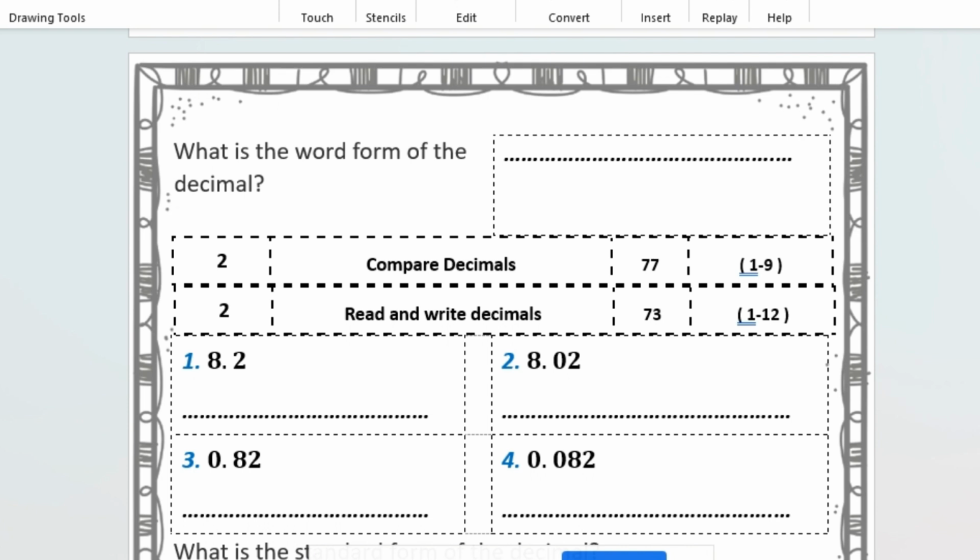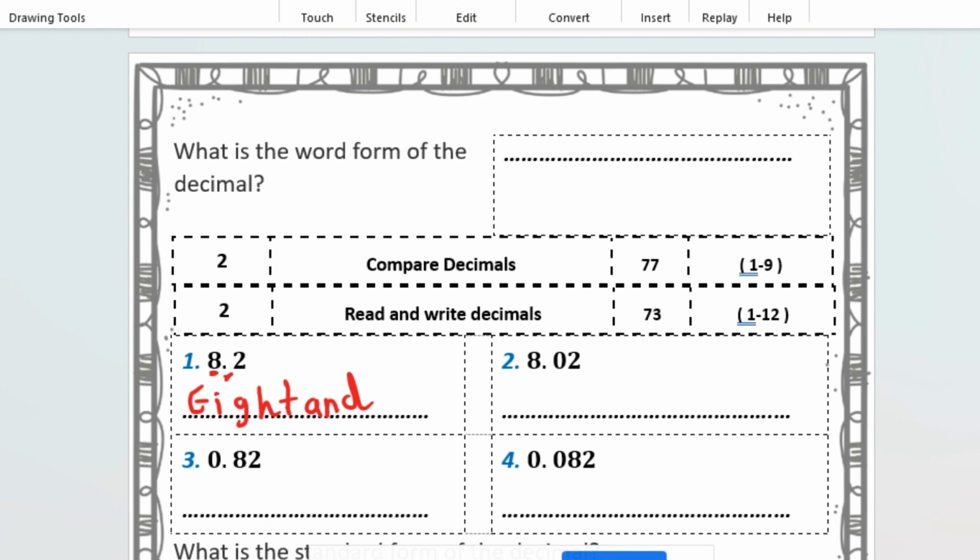So how do we read a decimal here? Let's just say this decimal here. We start with the ones. The ones here is 8, so we put it the way it is, 8. We read the ones normally. 8, and for the period, we use the word and.